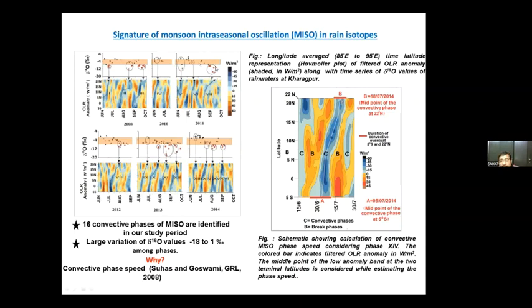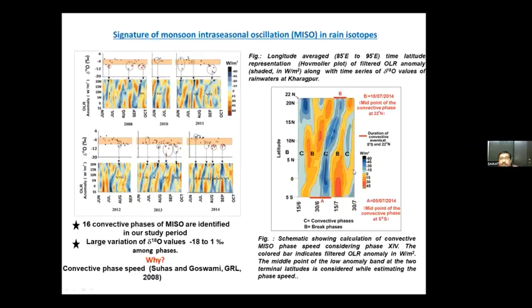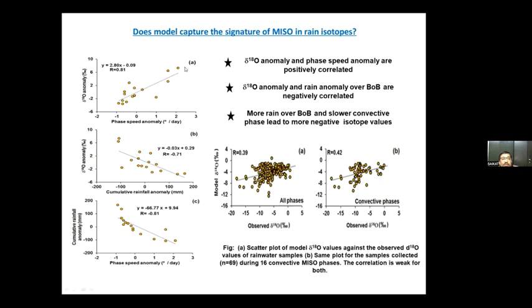So it doesn't depend on the local rainfall. It actually depends on the total rainout over the entire ocean or entire bay. When we make a correlation with the speed with which these convective clouds are moving over the ocean, we found a strong positive correlation between the oxygen isotope and the phase speed. And also we found a strong negative correlation between the cumulative rainfall occurring during those events over the ocean and the isotope values collected at the coast.